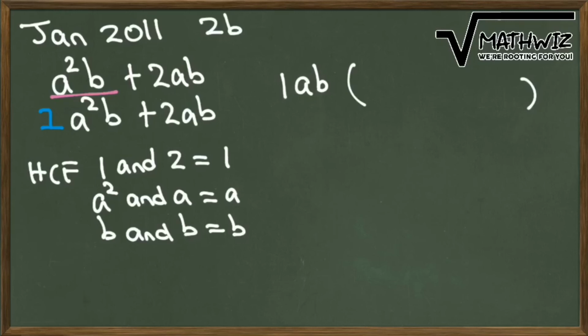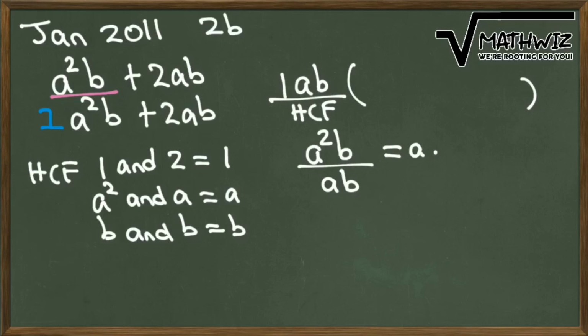All right, so we take the a squared b and we put it over ab, the highest common factor. So it's a times a times b over a times b. So the a's cancel, the b's cancel, and what is left over is a. Then you put back your sign.